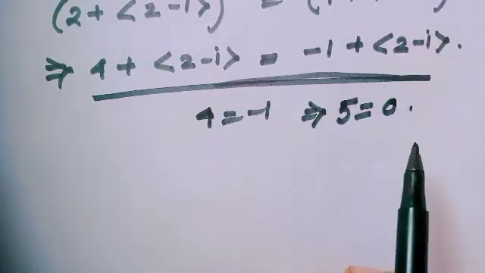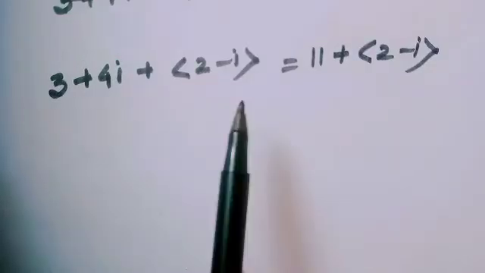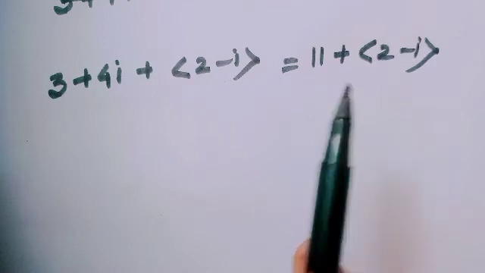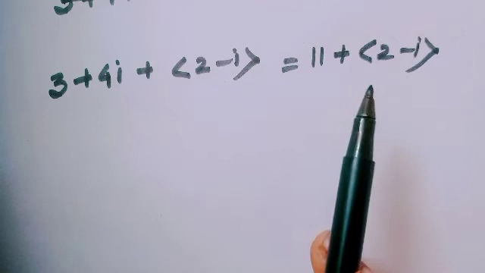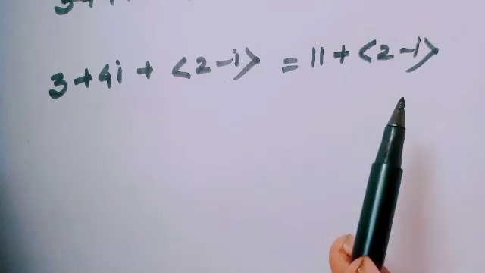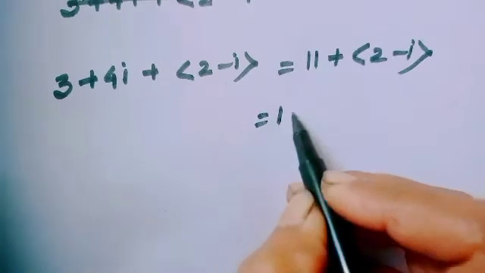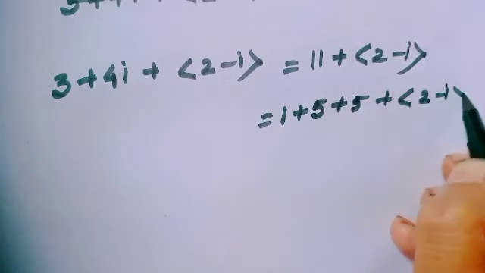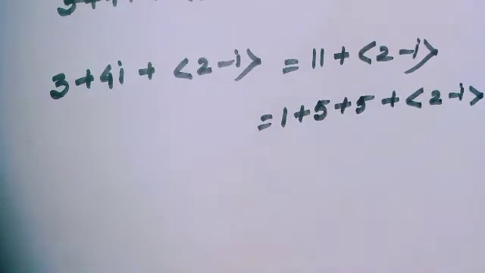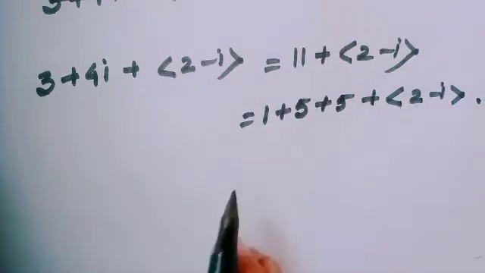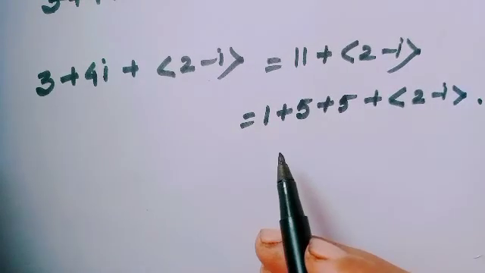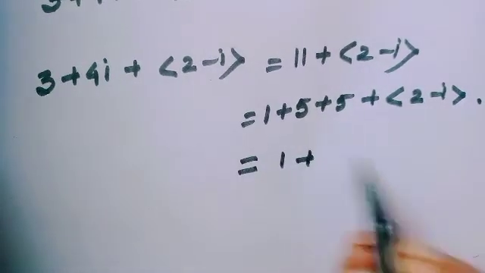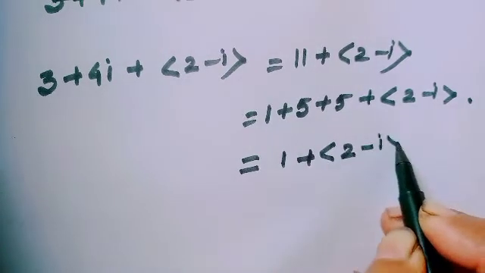Are you getting the structure of the element in this quotient ring? So I have got these two quotients are here equal. So also we can write 11 plus the ideal generated by 2 minus i equal to 1 plus 5 plus 5 plus the ideal generated by 2 minus i, which is actually same as, since in this quotient ring 5 is equal to 0, this is equal to 1 plus the ideal generated by 2 minus i.